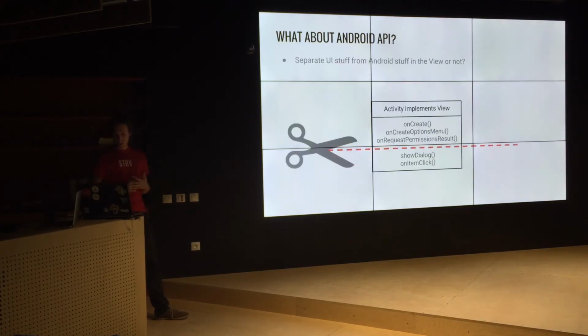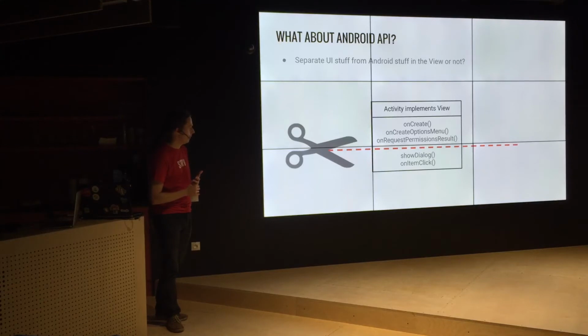But there is a problem. What about separating UI code from Android code? Because, for example, we have an activity with Android methods like onCreateOptionsMenu, etc. But we also have our UI code like show dialog or on item click.